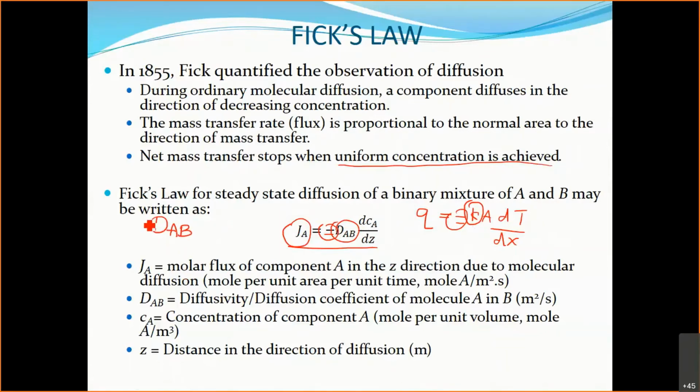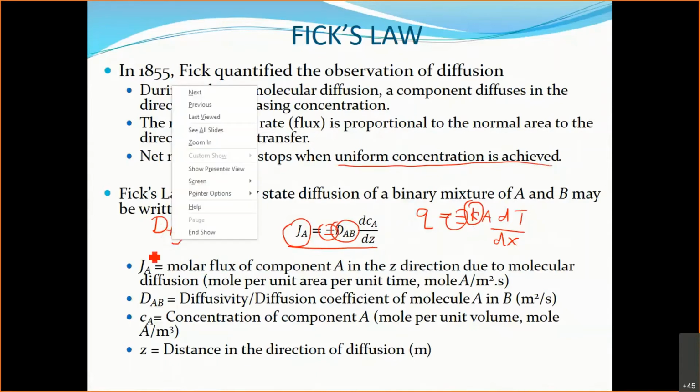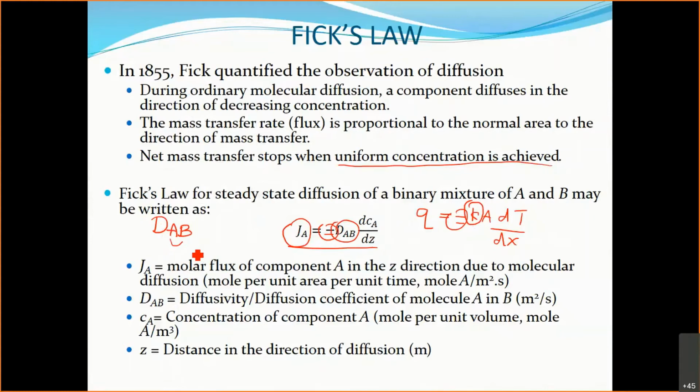We are saying that this is the diffusion coefficient of A into B. That's why we write A first and then B. Remember, when we define our mass transfer, we have to have a minimum of 2 components in our system. Then only diffusion can happen.